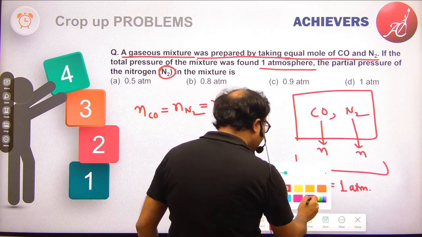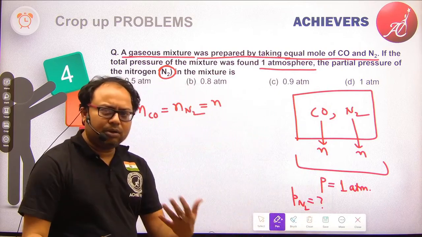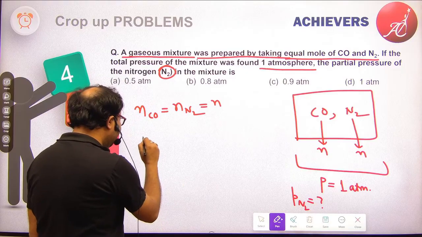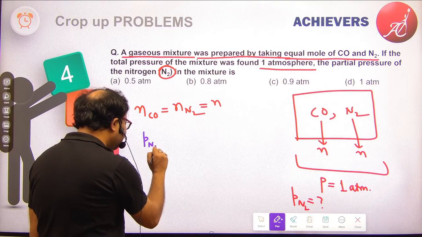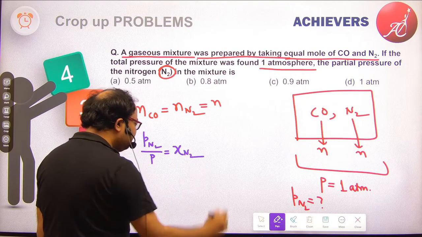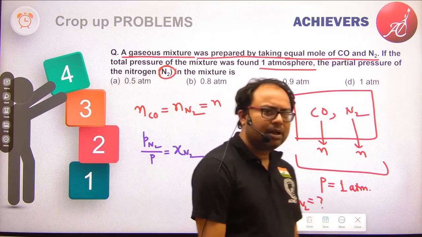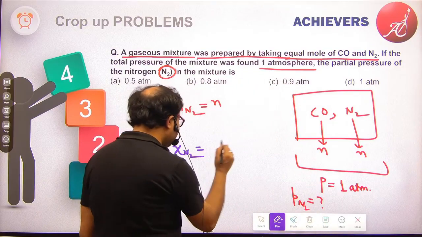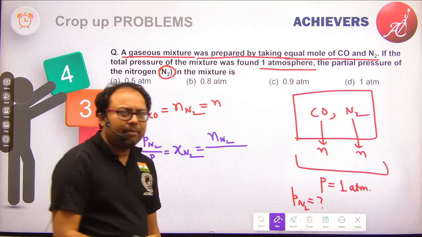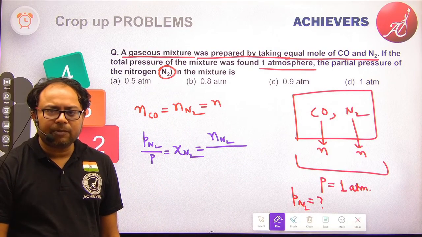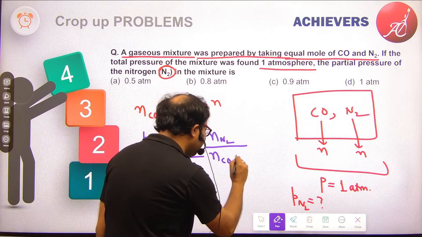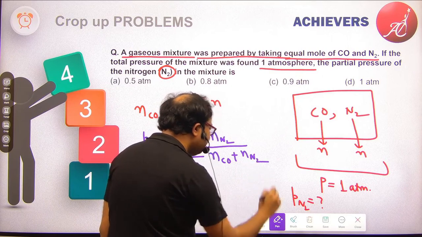According to the final expression of Dalton's law, we know that the partial pressure of nitrogen divided by total pressure is equal to the mole fraction of nitrogen. And again, this is equal to the number of moles of nitrogen divided by the total number of moles. Total number of moles means here you have two gases, so the number of moles of carbon monoxide plus the number of moles of nitrogen.